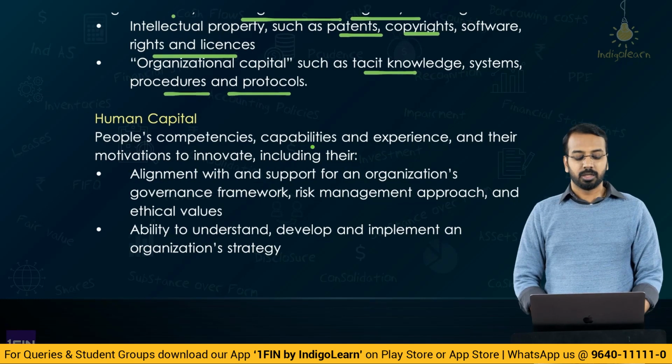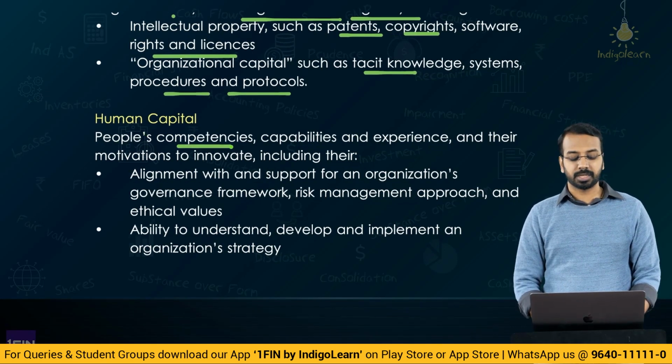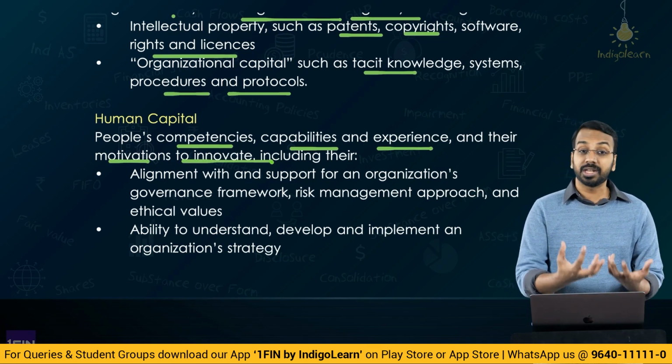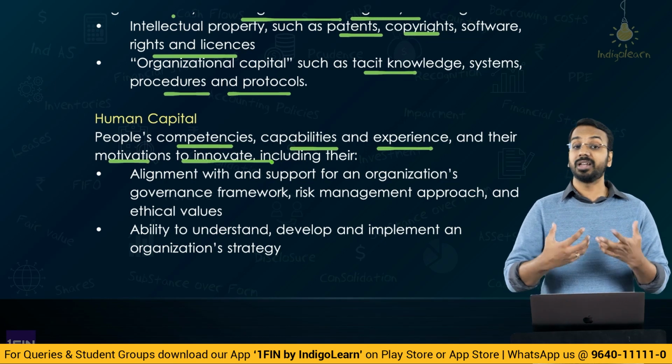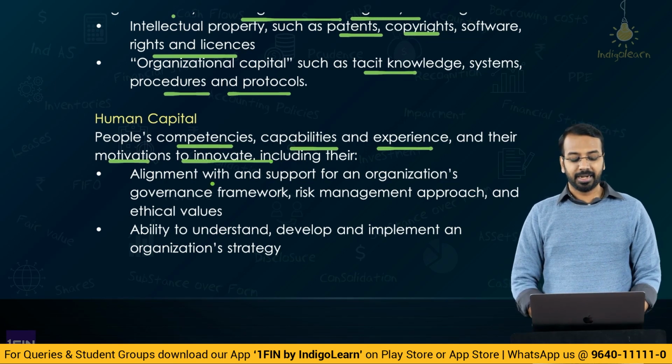Then human capital. Human capital talks about the human resource, that is people's competencies, what are the skill set they have, their capabilities, their experience and their motivation to innovate. So basically how motivated is the human resource, how experienced is the human resource, how knowledgeable is the human resource, what are the capabilities they have, and their alignment with and support for an organization governance framework, risk management approach and ethical values.